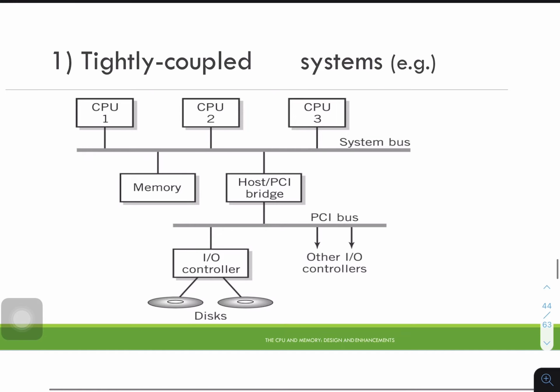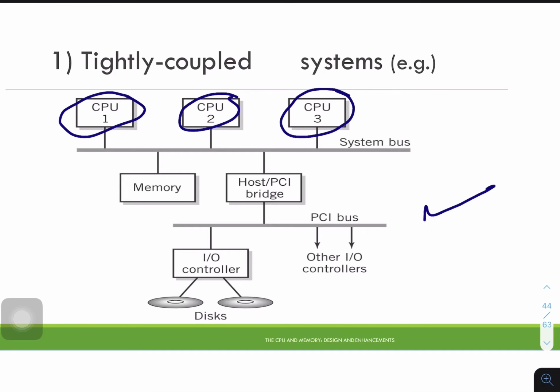Okay, so ini adalah gambar rajah dia lah. So kita boleh tengok untuk tightly coupled system, dia ada beberapa CPU. Contohnya kita ada kat sini 3 CPU all together, dan dalam satu sistem tu ada 3 CPU dan dia berkongsi sistem yang sama.